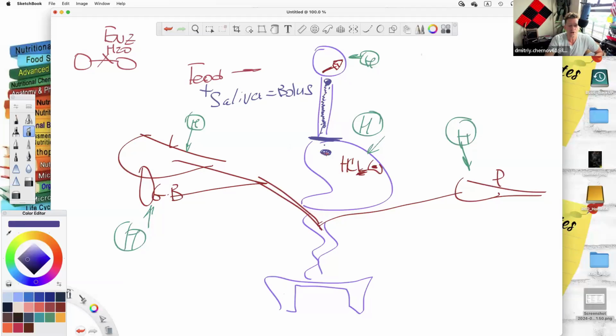And here, the same bolus is mixed with hydrochloric acid. Gastric glands release hydrochloric acid.